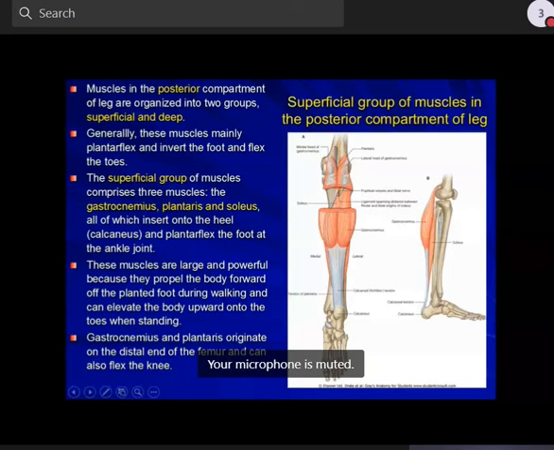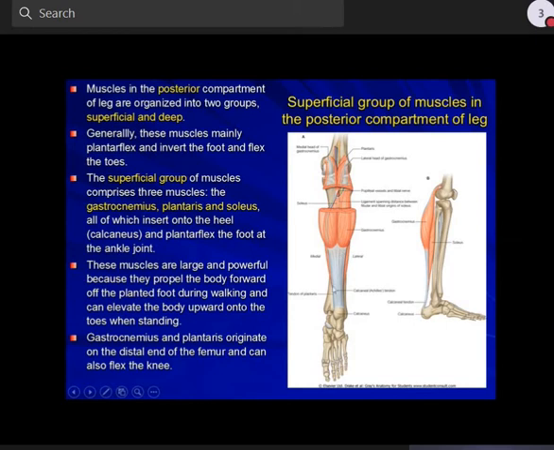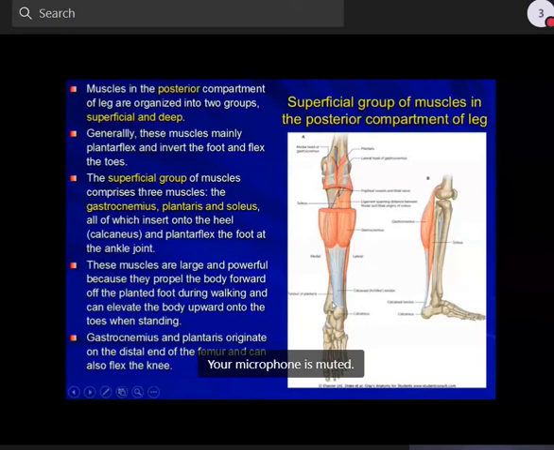So what's the main function of superficial flexors in the leg? Their main function is to flex the foot plantarly, so they act on the talocrural joint.